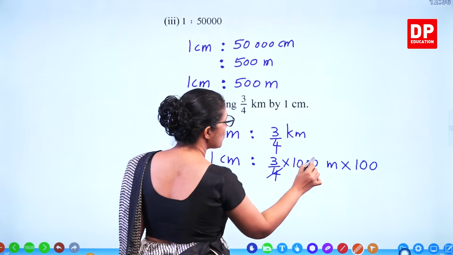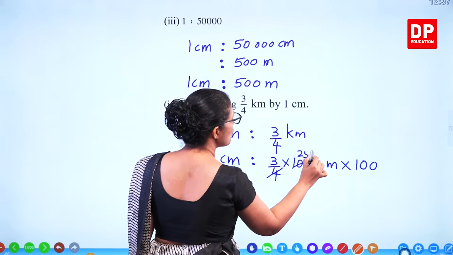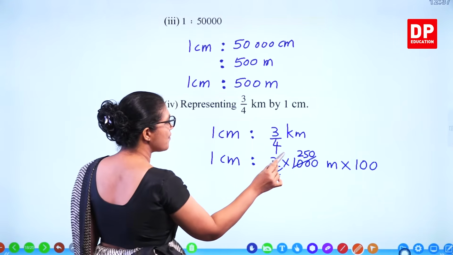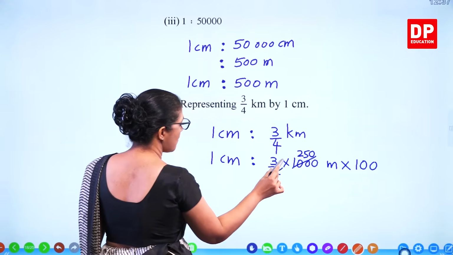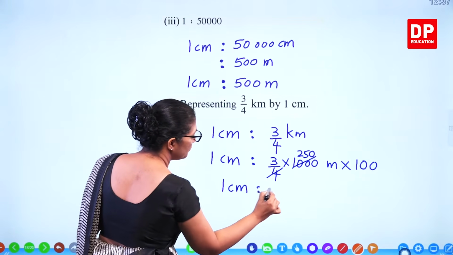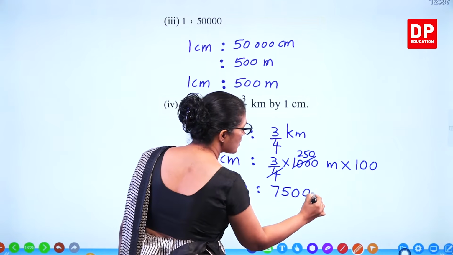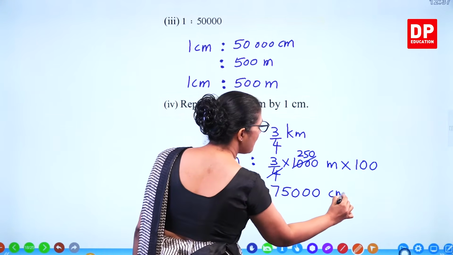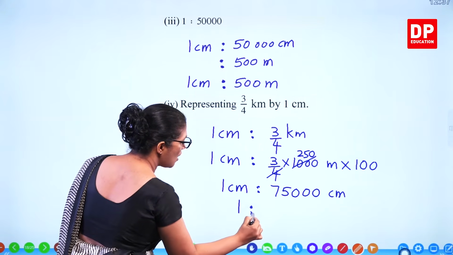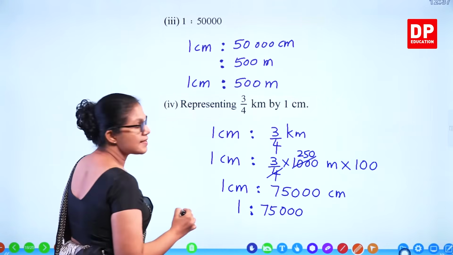So we get 4 times 2, 8, and so 250. So 3 times 250, 750. So 1 centimeter to 750 and 2 zeros, and this is in centimeters. So you can write down the scale as 1 to 75,000. You don't need to write centimeters there.